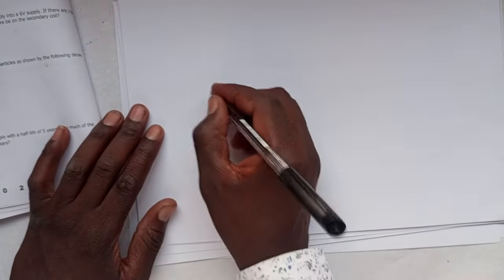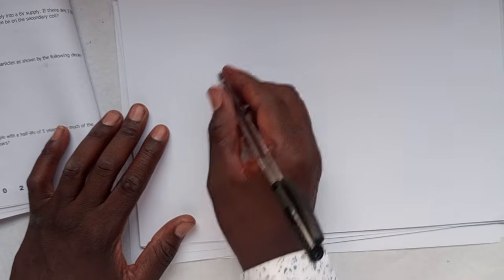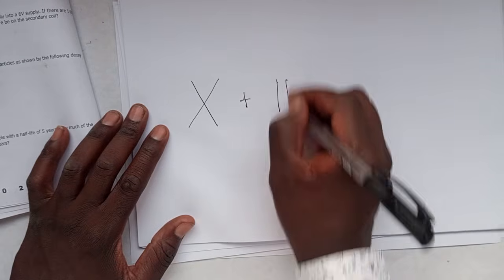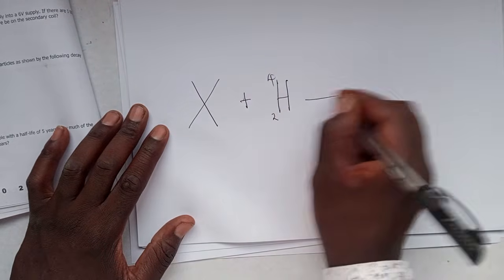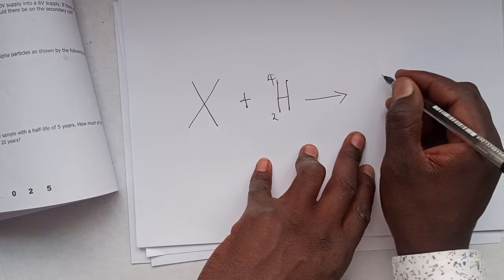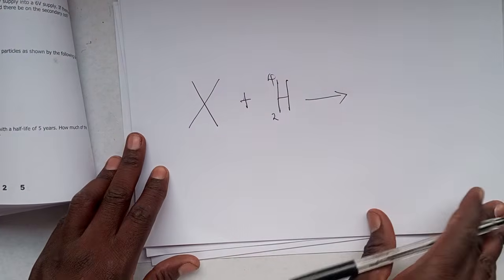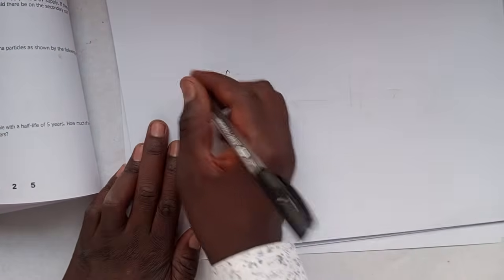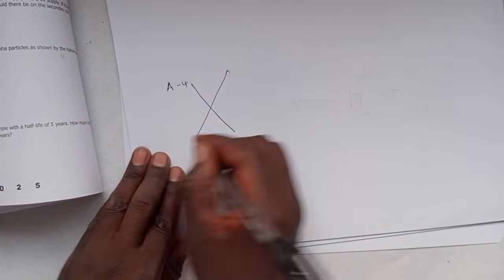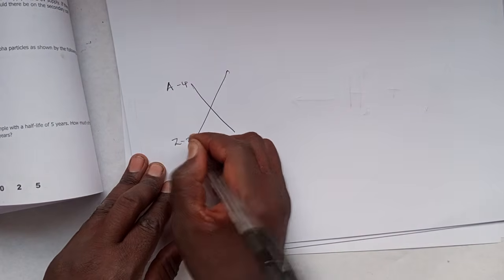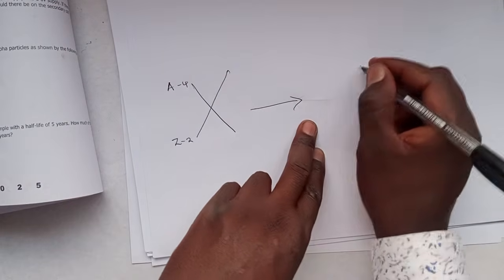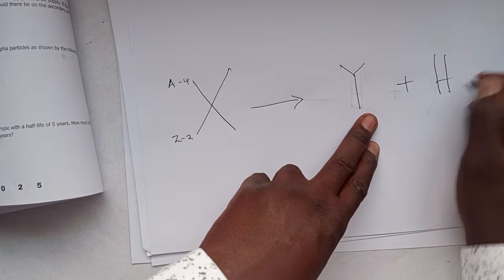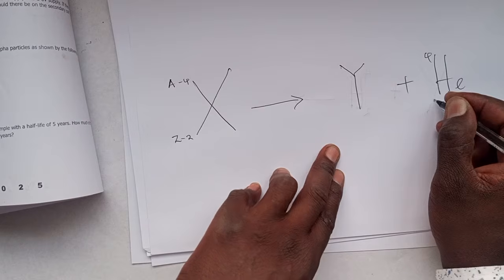There is an equation that you should be aware of. This equation goes like this: X plus the alpha particle gives us, not this necessarily, but we have X with A minus 4 and Z minus 2, which decays to Y, plus the helium particle.